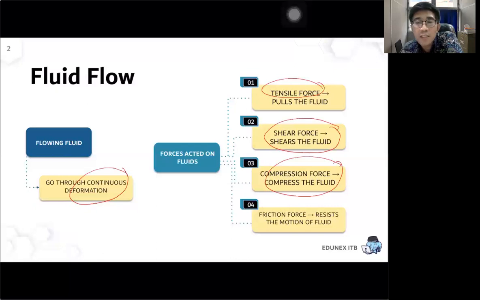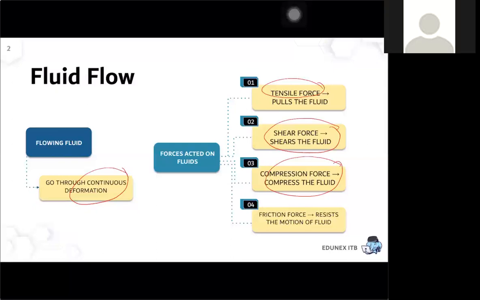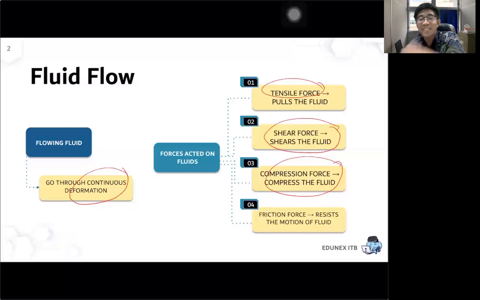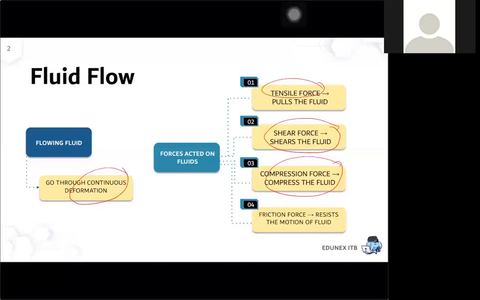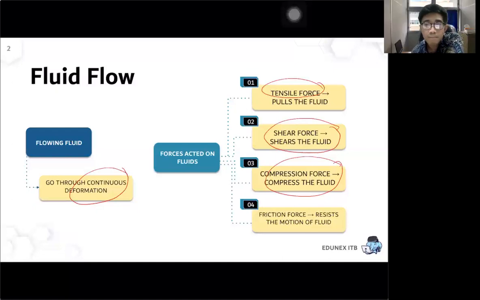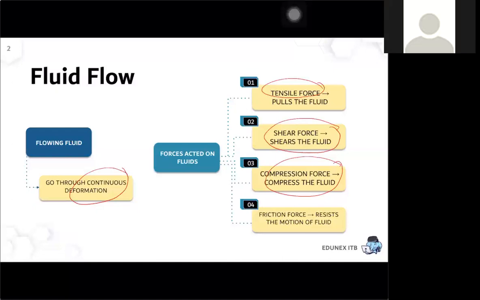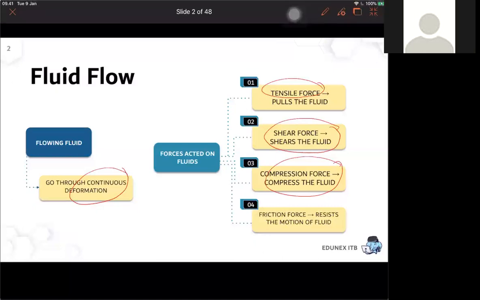Is there any difference in the direction? I think there is, sir. What are the differences? Maybe for compression force, it's compression on the fluid. So maybe if the fluid is going from left to right, it's from top to bottom. For shear force and tensile force, it's going almost the same direction, I guess.